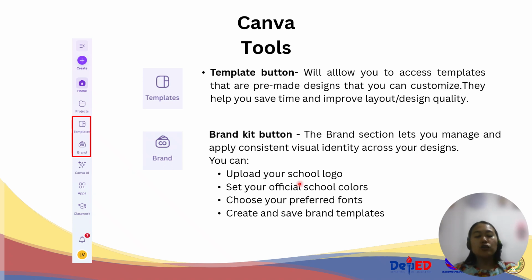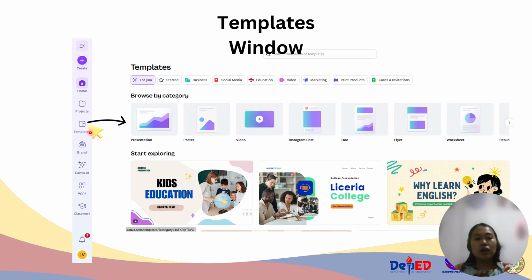So here, you can upload your school logo, set your official school colors, choose your preferred fonts, create and save brand templates. So here it is. When you click the template button, it's going to show you the templates window where you can see the following.